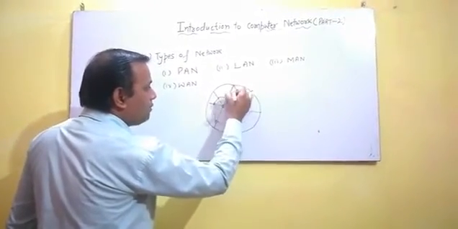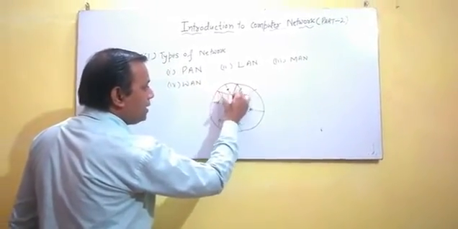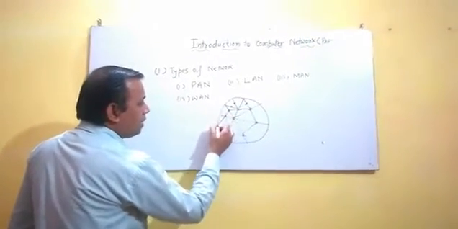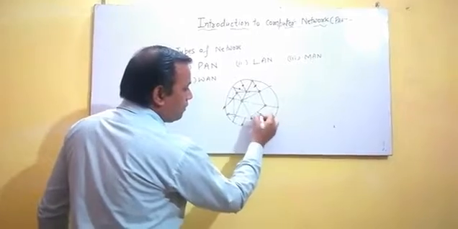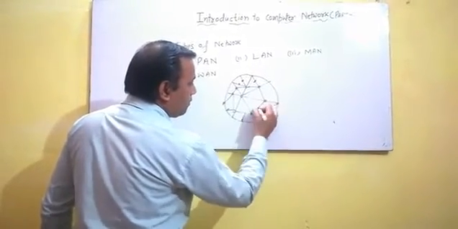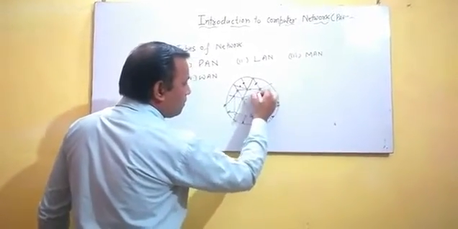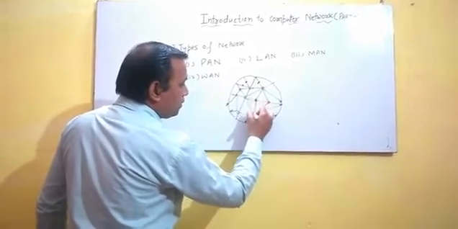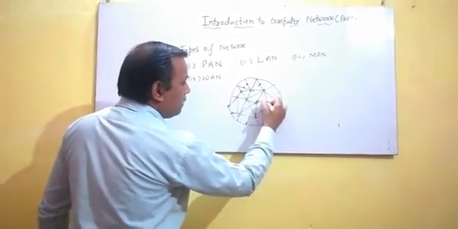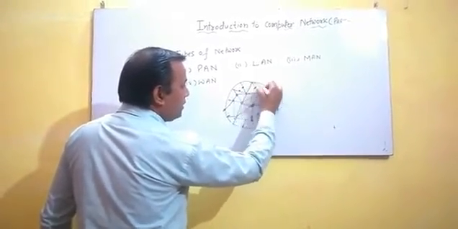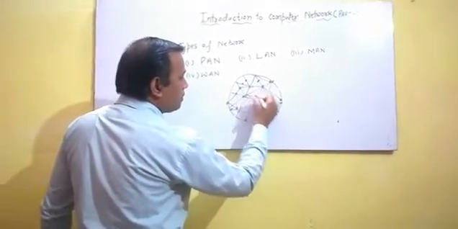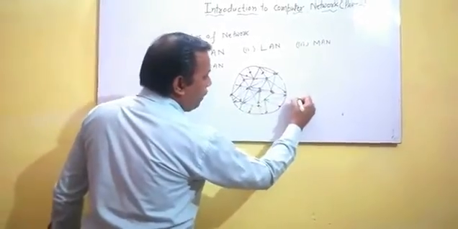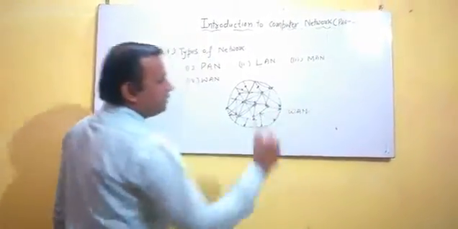It is not a limited geographical area, but it covers almost the whole globe. This type of network is said to be a WAN.